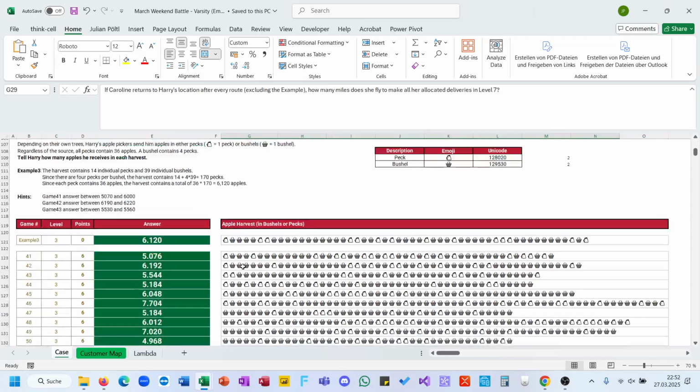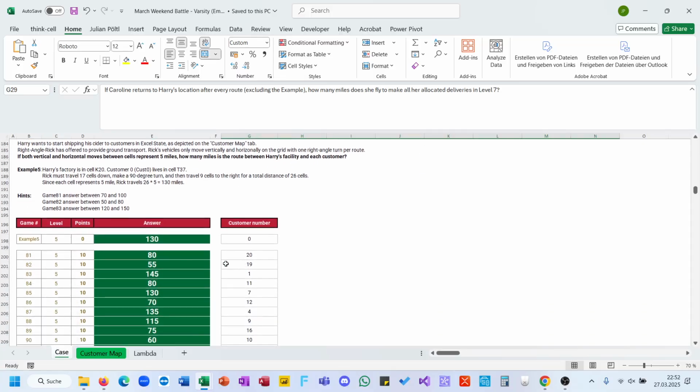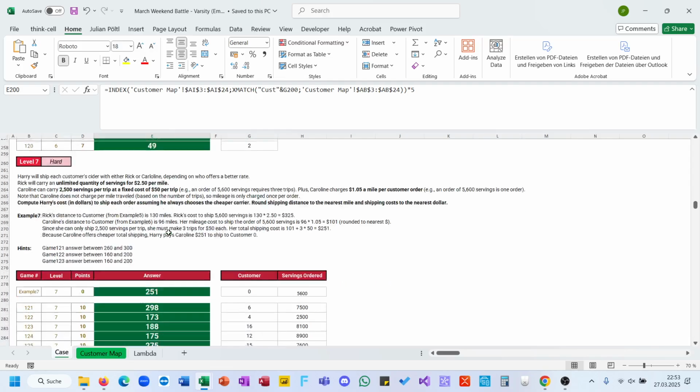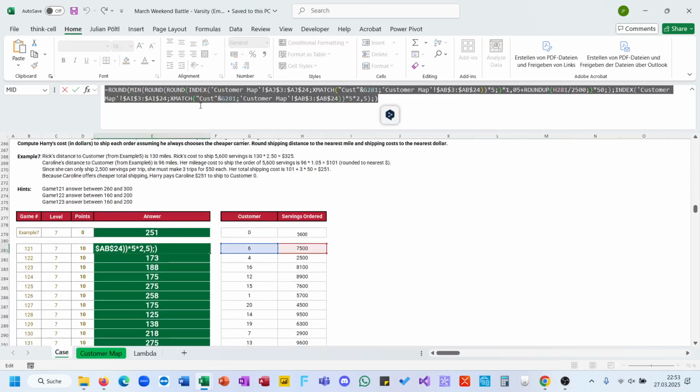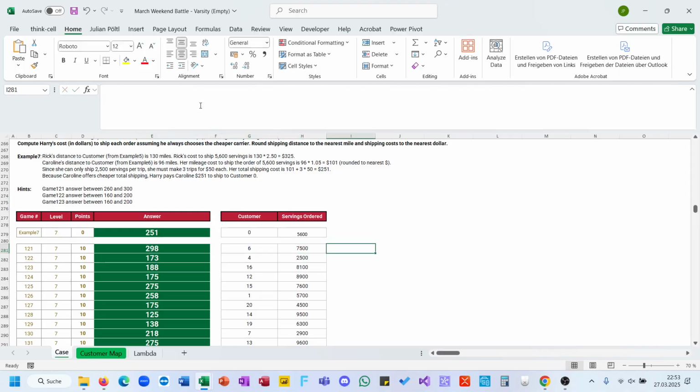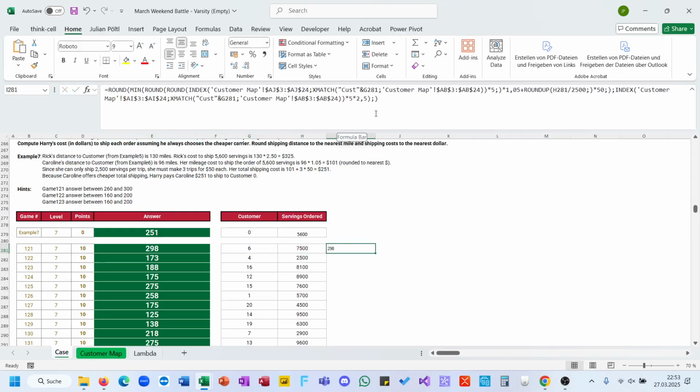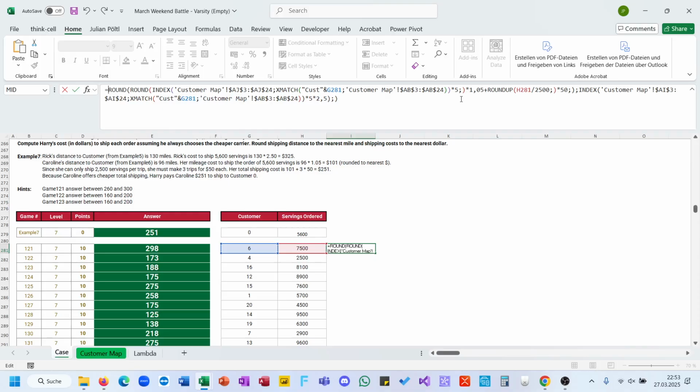Here, allocate the deliveries only when Carolina is traveling. Okay. So first one, that's a problem when you do this in a single formula approach.